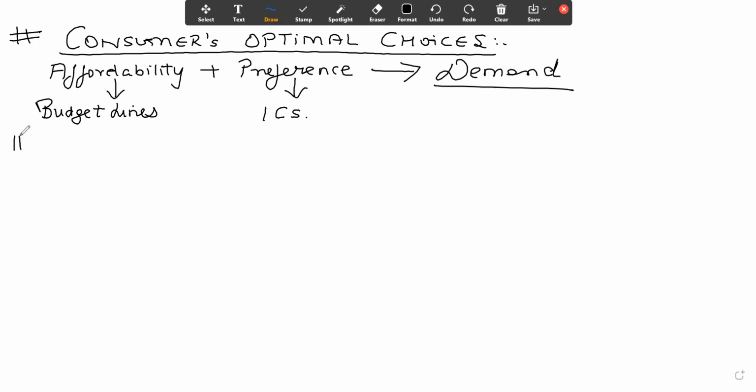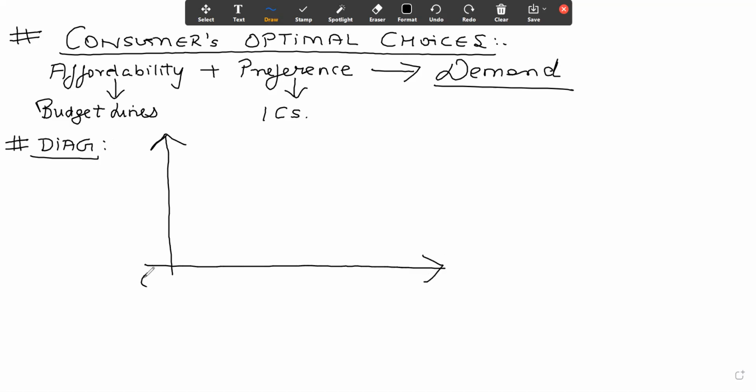So if I draw a diagram, with both budget lines and indifference curves, you can see this is good X, this is good Y. We have one budget line. For a consumer, you cannot have more than one budget line. You obviously have one budget line at a point of time.